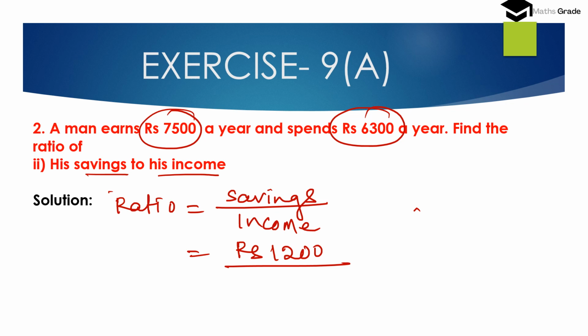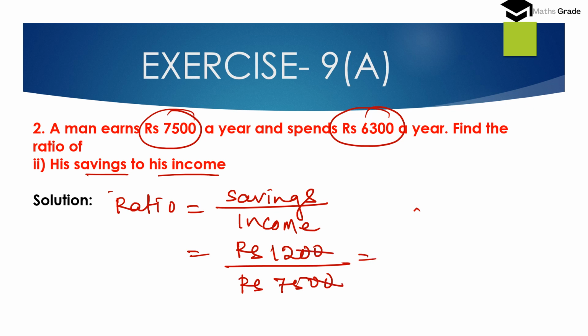We got that savings will be earning money minus spending money, that is 7500 rupees minus 6300 rupees, and that is 1200 rupees. And income is 7500 rupees. Now cancelling zeros.